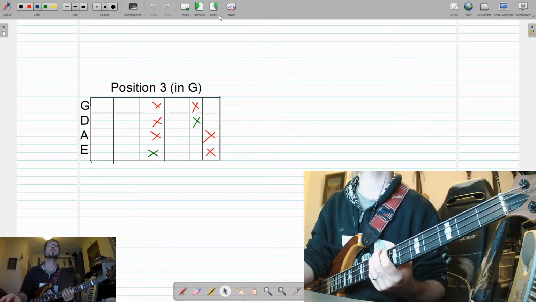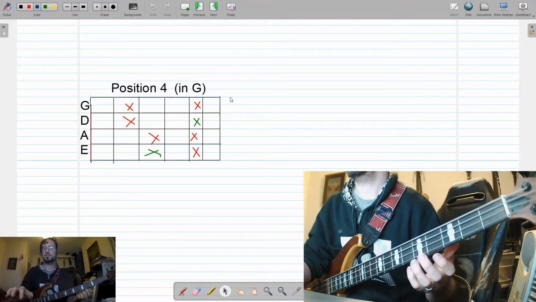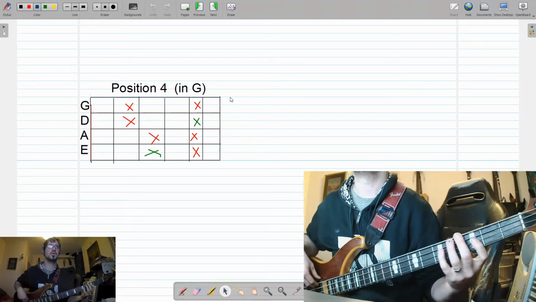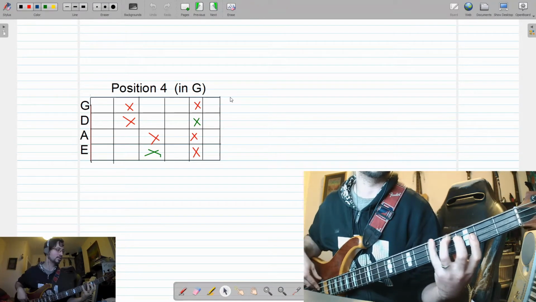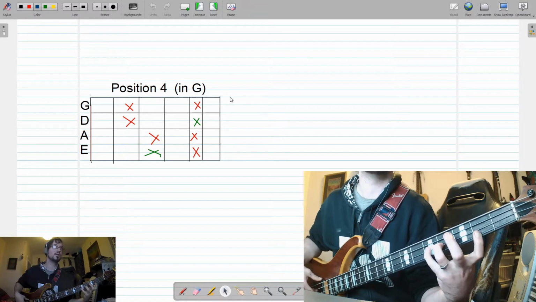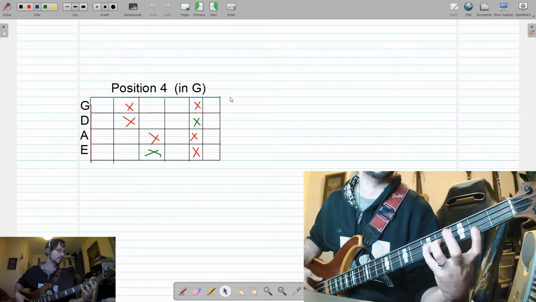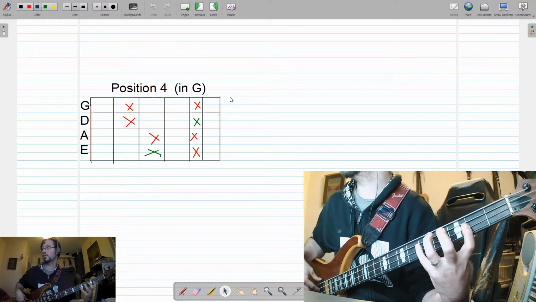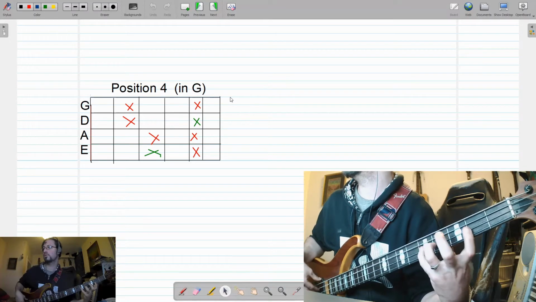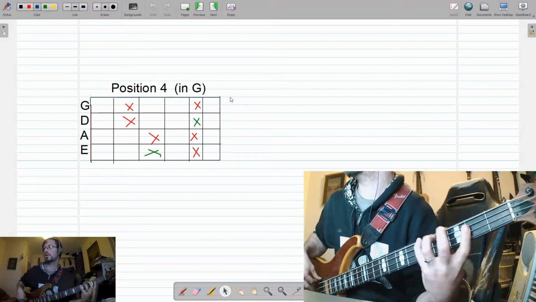The next position we're looking at, in G, would be G, A, C, D, E, G, A, C. So it's got those 2 on, so 2, 5, 2, 5, and then 3, 5, 3, 5.